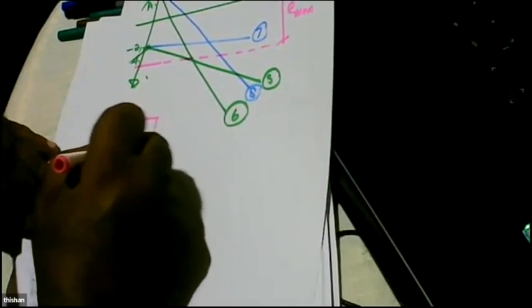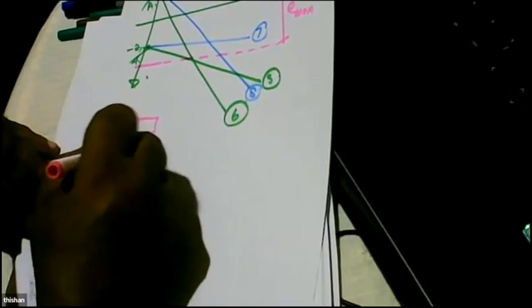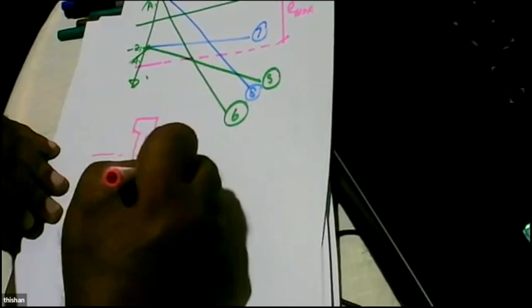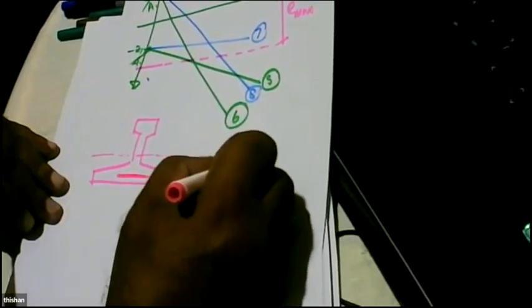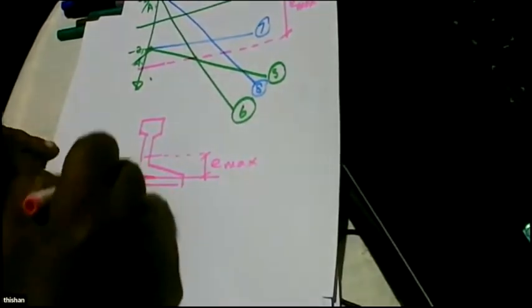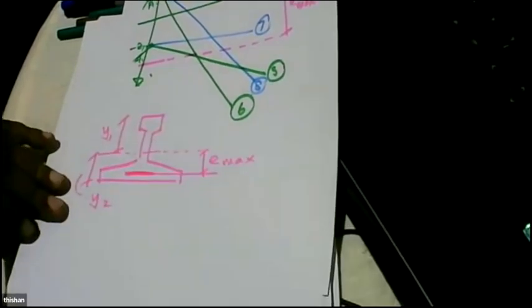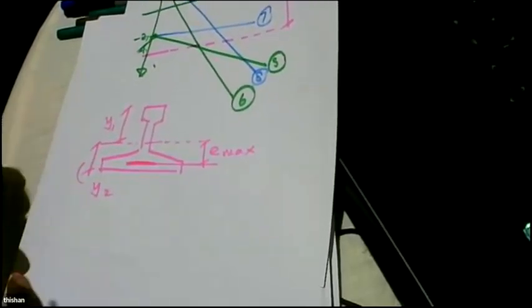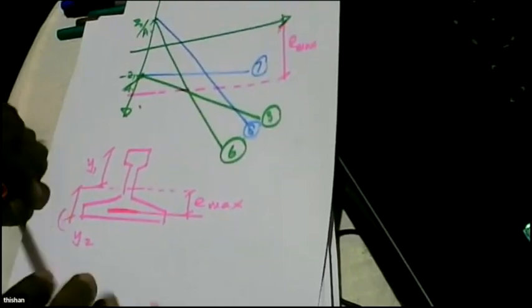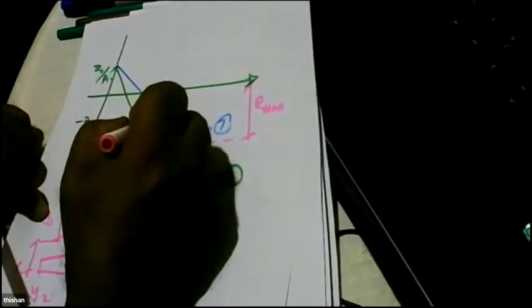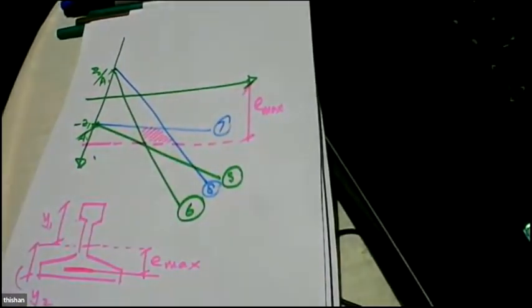If you look at the beam, the neutral axis will be here, and you can't place tendons beyond this point. So that is Emax. So this is Y2, this is Y1, and this is Emax. So we have to mark Emax also. The moment you do this, if you have selected the correct section, you will get a feasible region. Now what you do is, you select a point pretty close to this area.